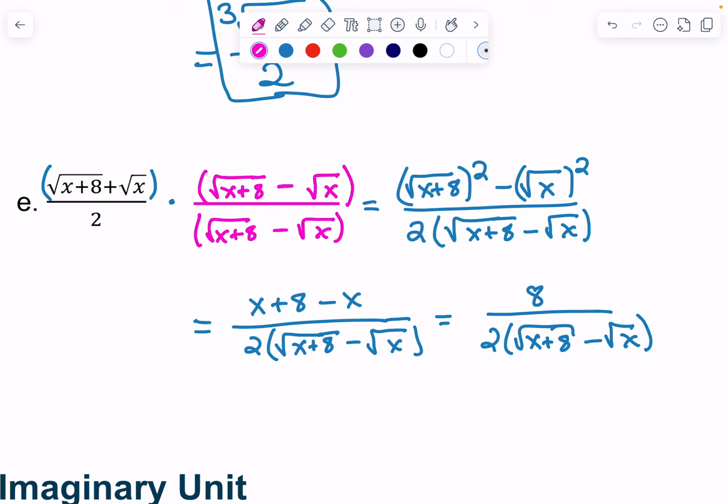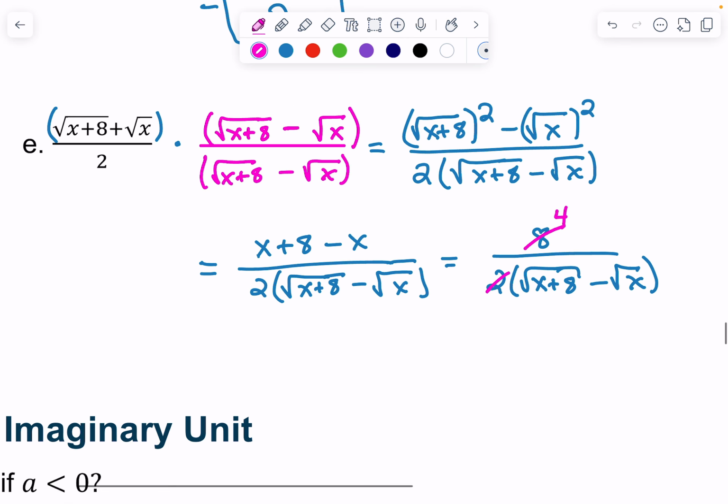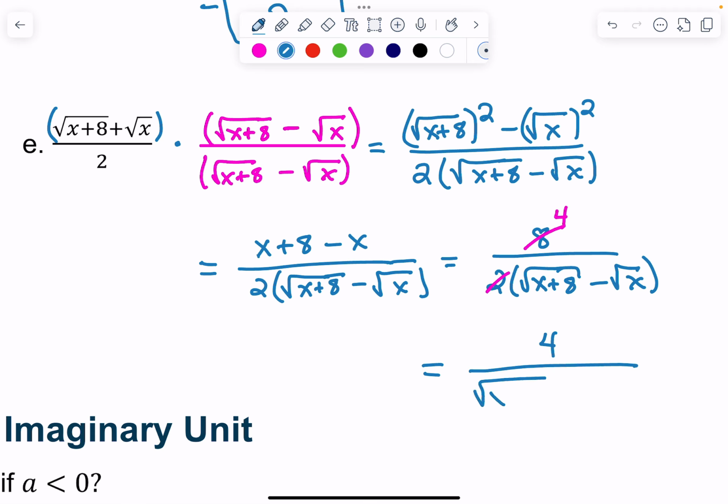And now, finally, we get to keep going just a little bit more, I can reduce. 8 divided by 2 is 4, so I'm going to end up with a 4 up there on the top all by itself. I'm going to get a 4 over the square root of x plus 8 minus the square root of x. And I am all done.